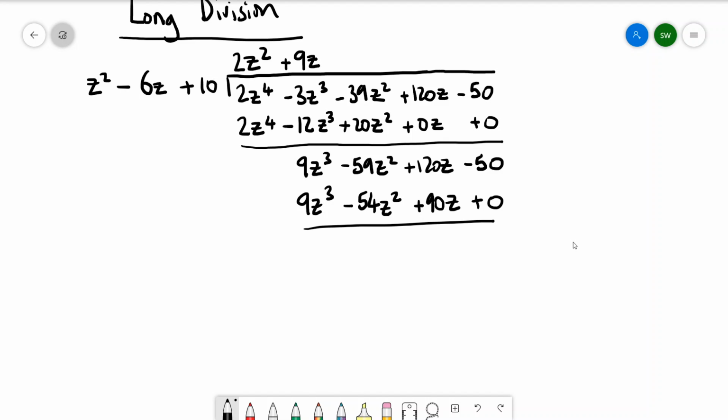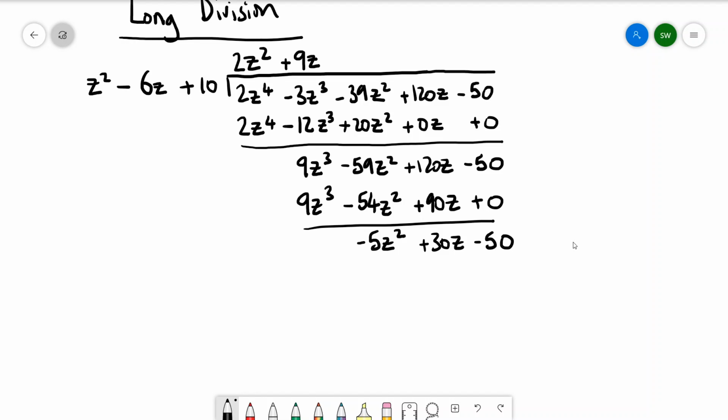So we're going to have 0z cubed, minus 59z squared minus minus 54z squared is minus 5z squared. And then we're going to have 120z plus minus 90z, which is plus 30z, and minus 50 take away 0 is minus 50. And then repeat the process for one last time.